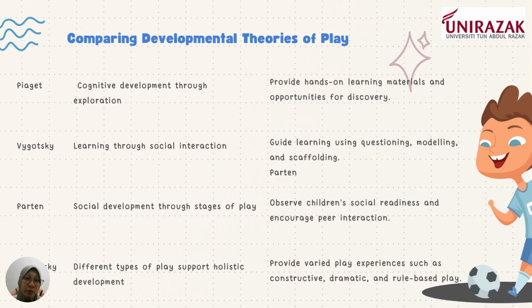And then we have Lev Vygotsky. His idea is learning through social interaction. He believed in guiding learning through techniques like questioning and scaffolding, where an adult and a peer can model a behavior. Then we have Mildred Parten, who emphasized the importance of observing children's social readiness and encouraging interaction with peers.